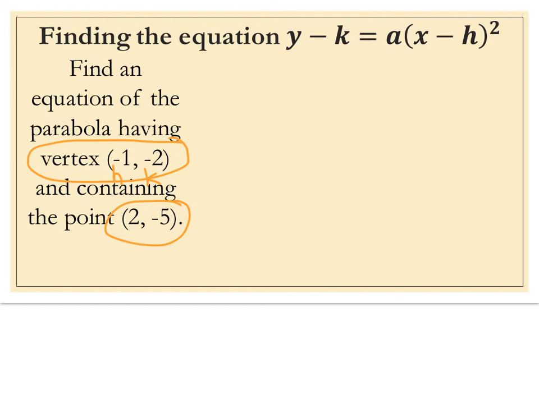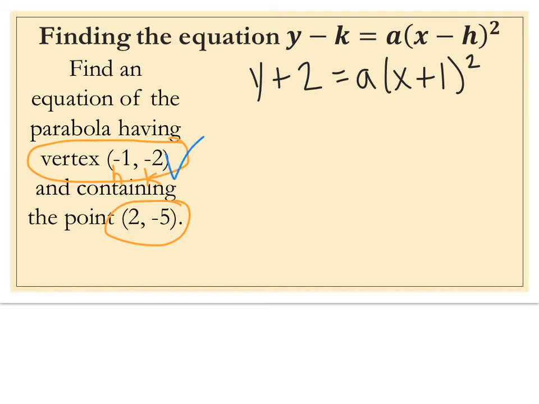So you could rewrite this equation right here as y, and it's not going to be minus -2, it's going to be +2, because it's negative in the point, so it's positive in the equation, is equal to, we don't know A, we don't know X, but we know H, if it's negative in the point, it's going to be positive in the equation. So that's how we can use the vertex to help us.